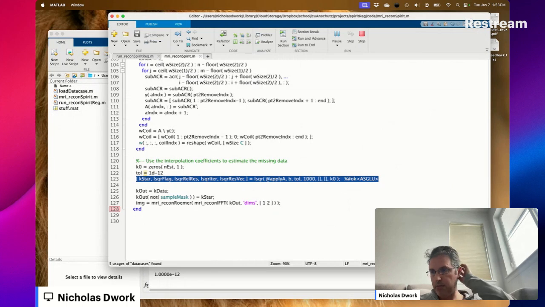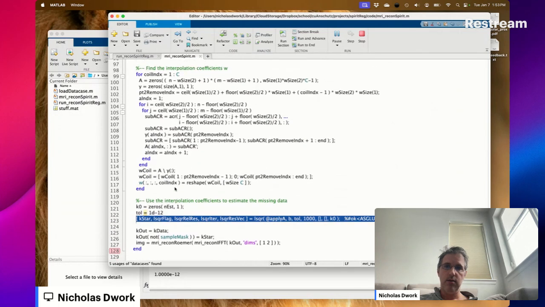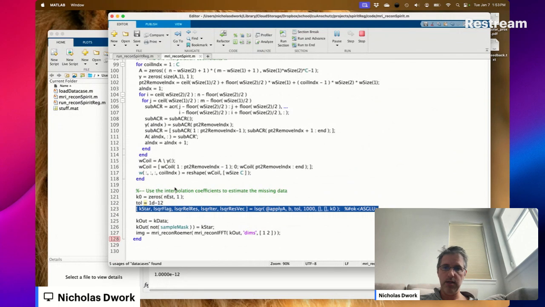But if we do get the stripy pattern, then what? Then it's not a matter of the tolerance or letting it run forever. The issue is, I don't know. I don't know what the issue is.